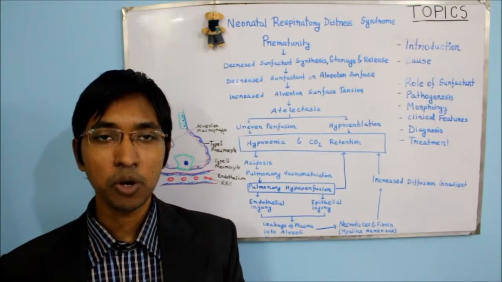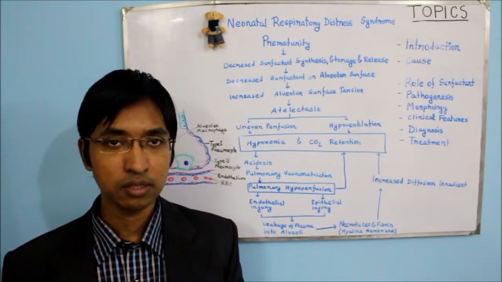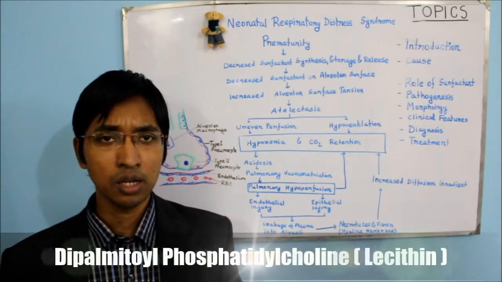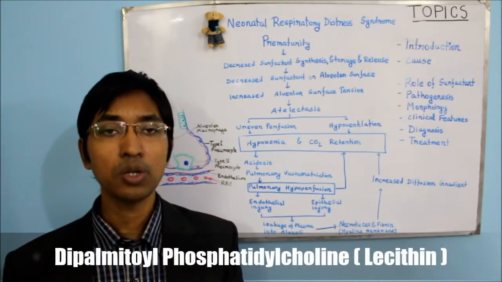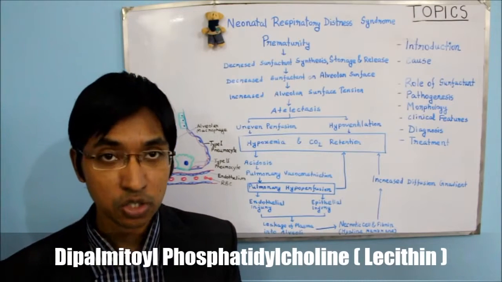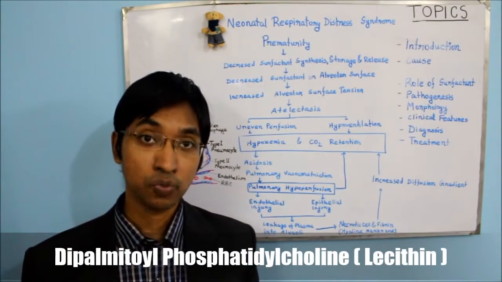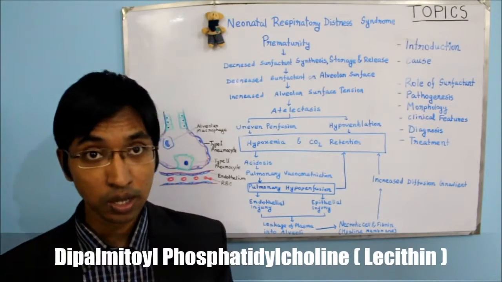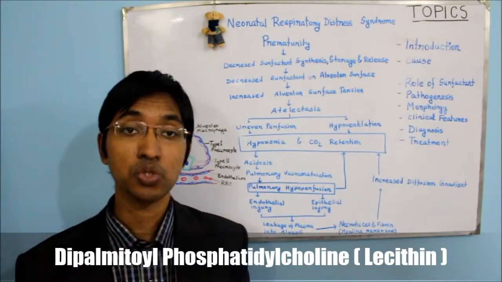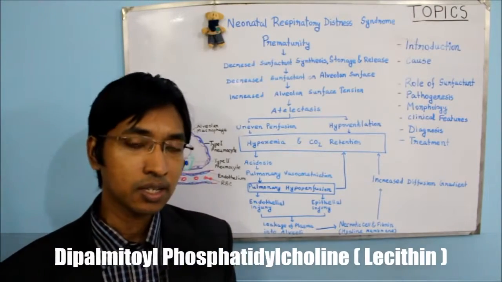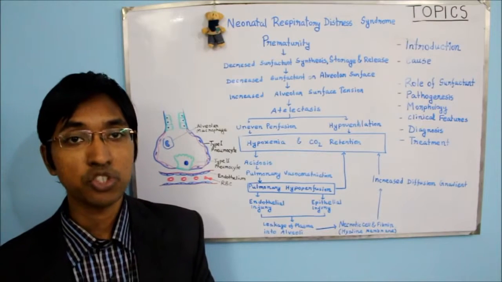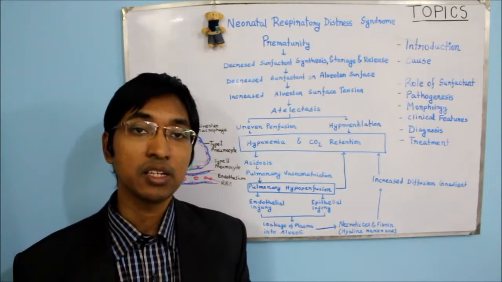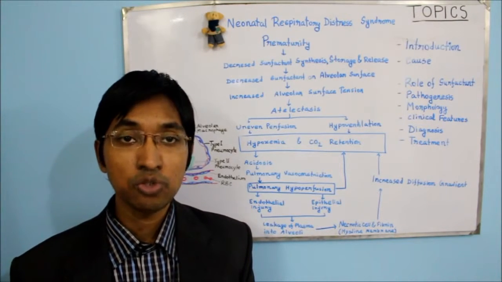And in your exam, the examiners are very fond of asking the composition of surfactant. The major component of surfactant is dipalmitoyl phosphatidylcholine. It will also contain smaller amounts of phosphatidylglycerol and also some surfactant associated proteins. Now these surfactant associated proteins are again subdivided into two groups.